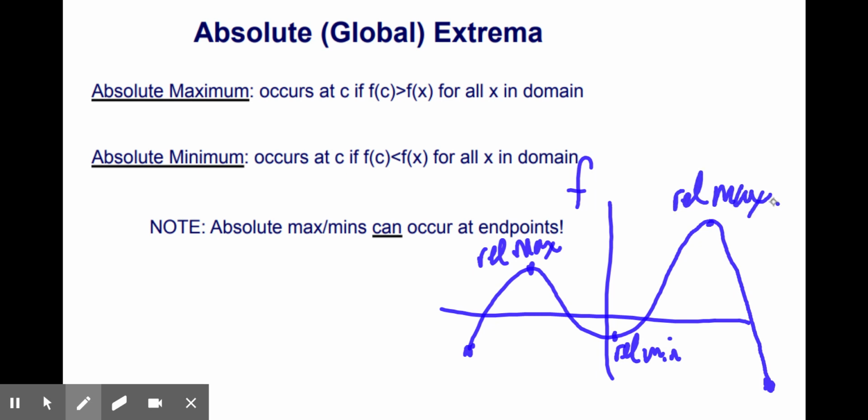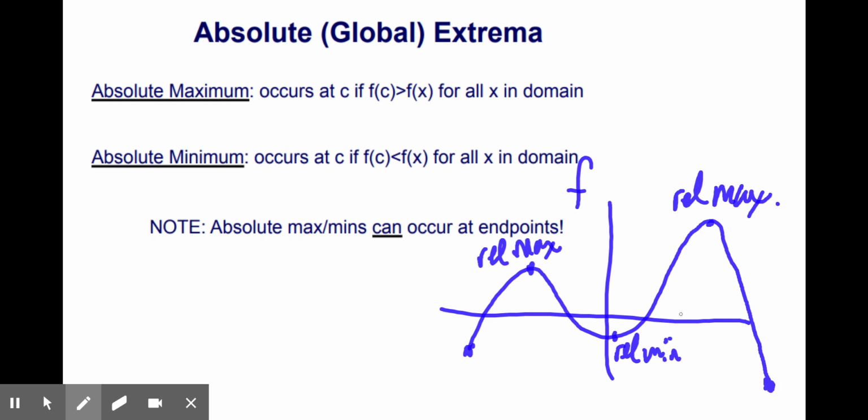That we just learned in the last slide. You already know that. Now, the idea of an absolute min or an absolute max is that it is the highest or the lowest y value on a specific interval or on a given interval.